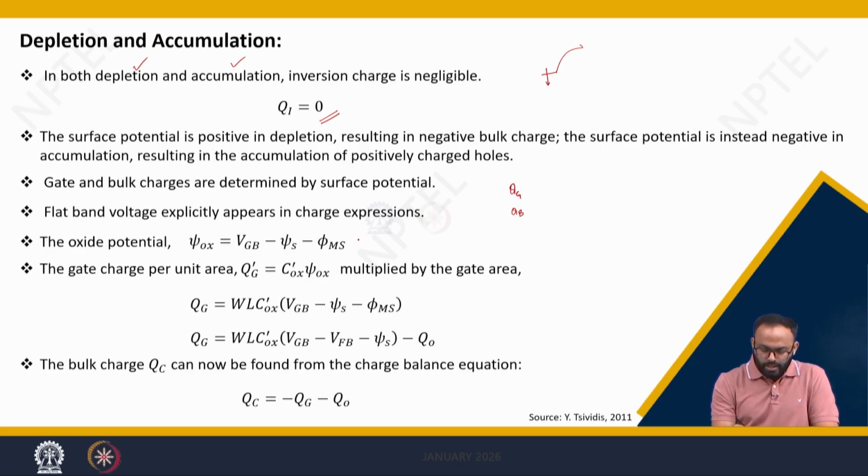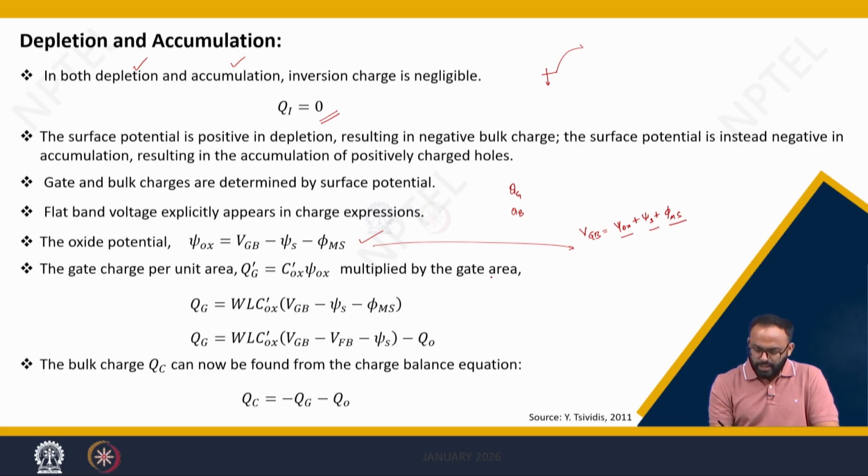So that is what we are rewriting these equations again, which shows that the oxide potential is nothing but VGB minus psi s minus phi ms. You remember, this is the basic potential balance equation we have written for the two terminal structure, which is VGB equals psi ox plus psi s plus phi ms, where phi ms is the contact potential, psi ox is the oxide potential, and psi s is the surface potential.